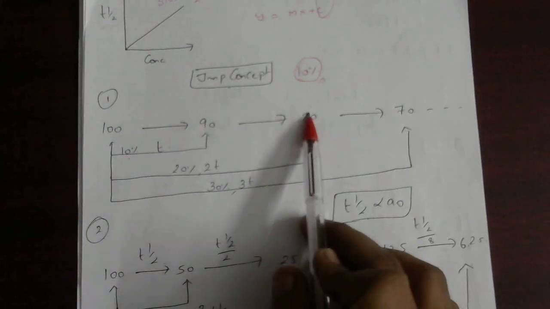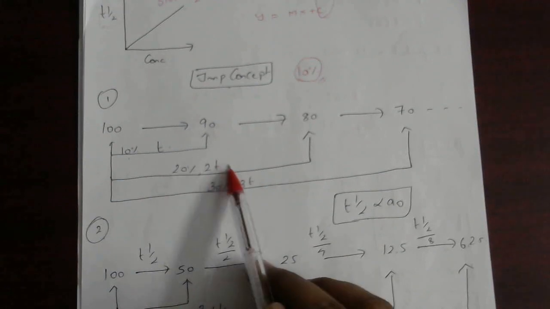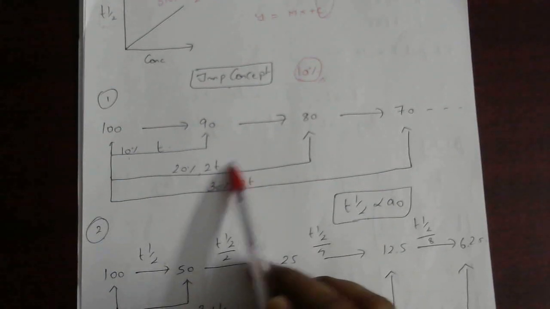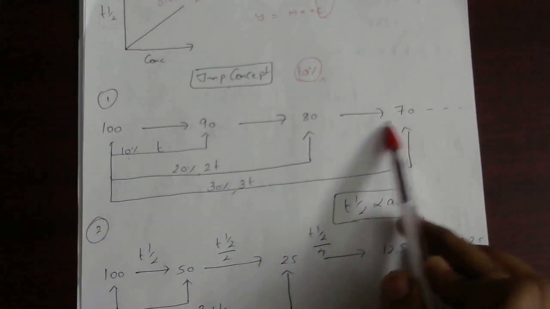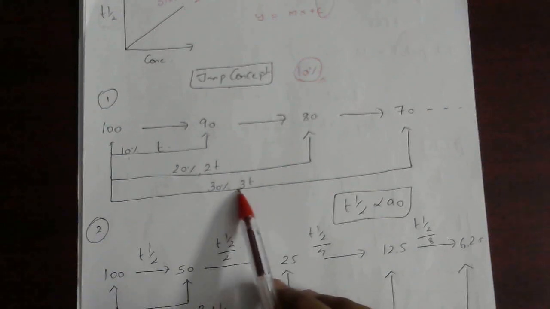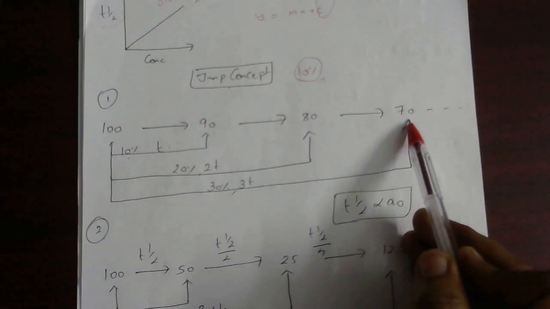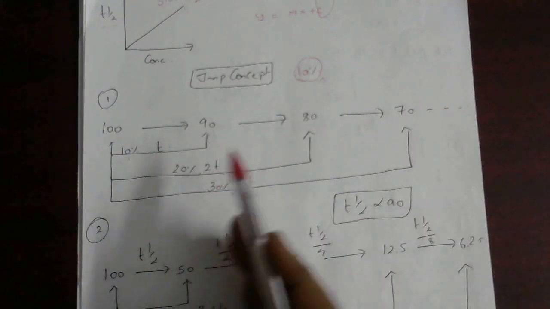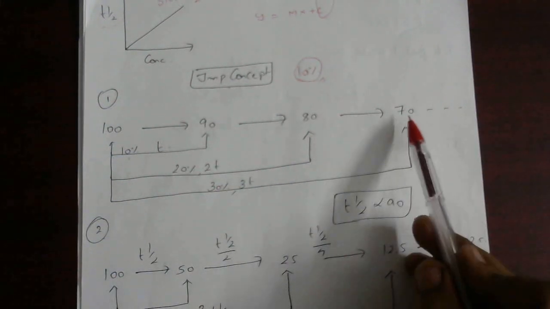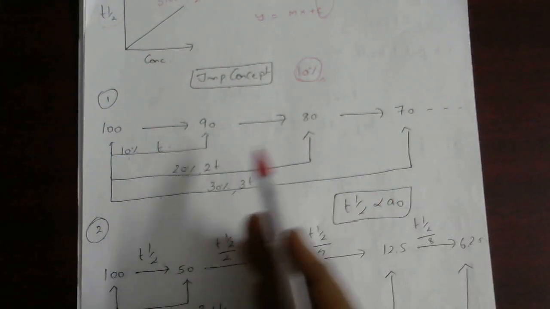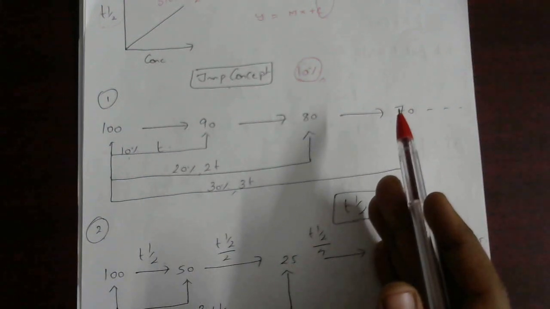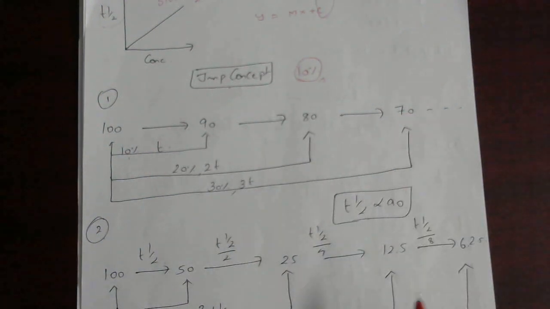From 100 to 80, it's 20%, so you get 2t. From 100 to 70, it is 30%, so 3t, and it keeps going on the same pattern till it becomes 0. Make a note, it should be a zero order reaction.